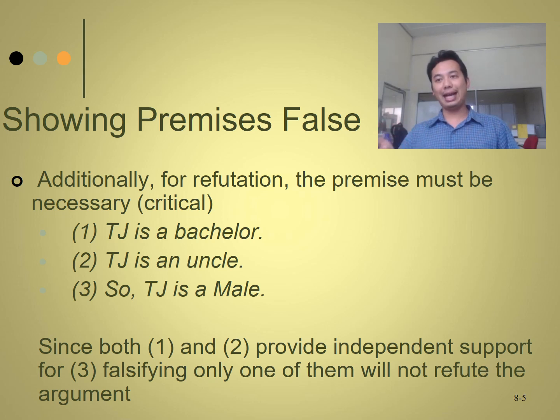So if you look at the explanation below, since both 1 and 2 provide independent support for falsifying, only one of them will not refute the argument. So what this means is that it does not matter if you have only 1 or only 2. It still shows that number 3 is going to be true. All right. Okay. So let's carry on.